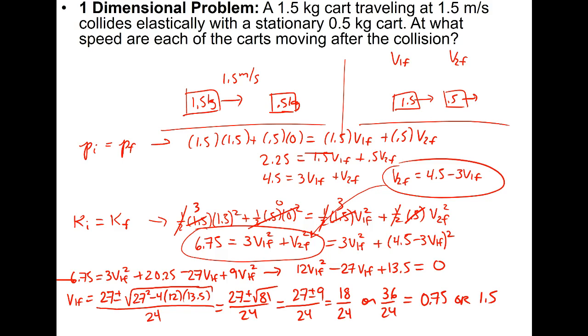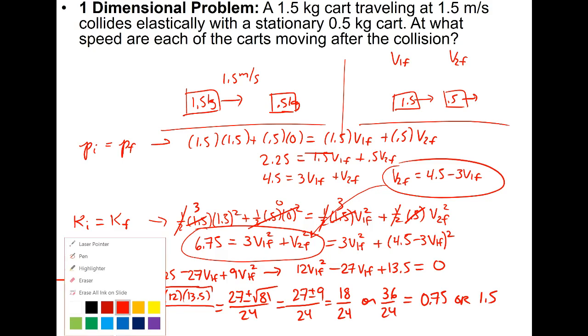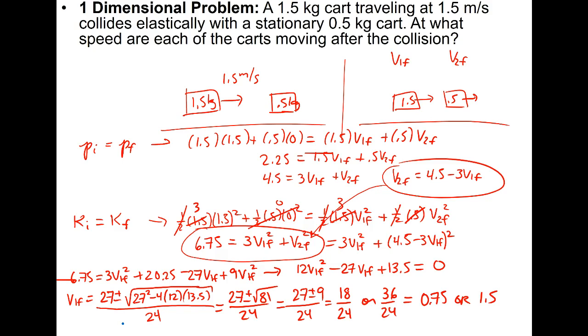Now I want to point something out to you. I know that I did this math right, and the reason is that one of the answers that I'm going to get for V1 final is actually going to be V1 initial. So that's not the actual answer because that's what we had up here. V1 initial is 1.5. So that tells me that V1 final is actually going to be 0.75. So the quadratic equation has two solutions, and one of the solutions is like the collision never happened.